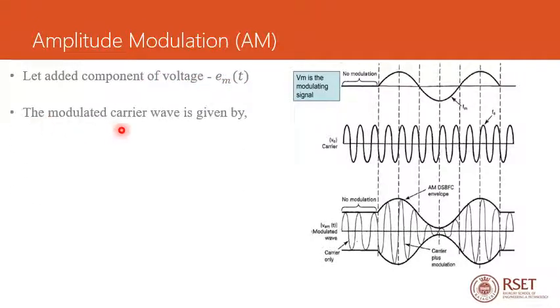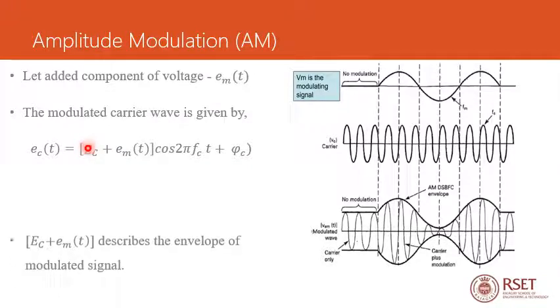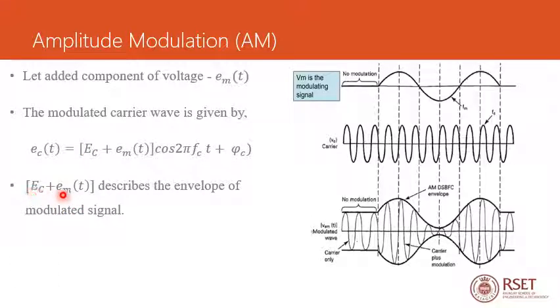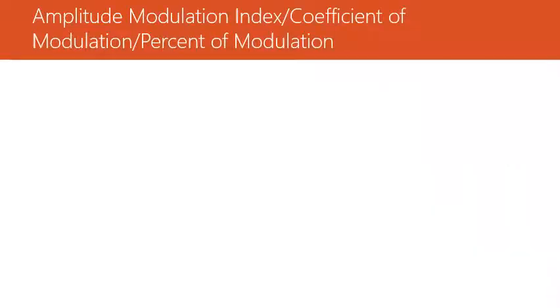Then the modulated carrier wave is given by Ec of t equals Ec plus Em of t, into cos(2 pi fc t plus phi c). As already told, a voltage proportional to the modulating signal is added to the amplitude of the carrier signal. The term Ec plus Em of t describes the envelope of this modulated signal.